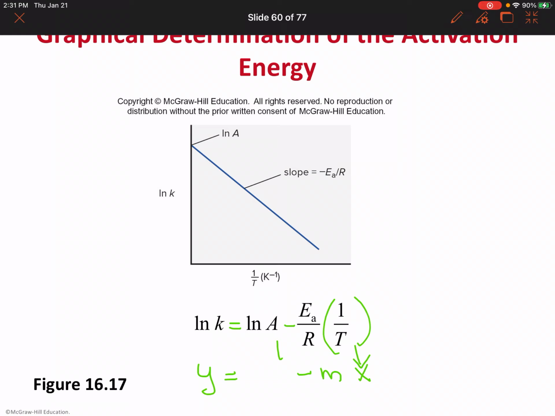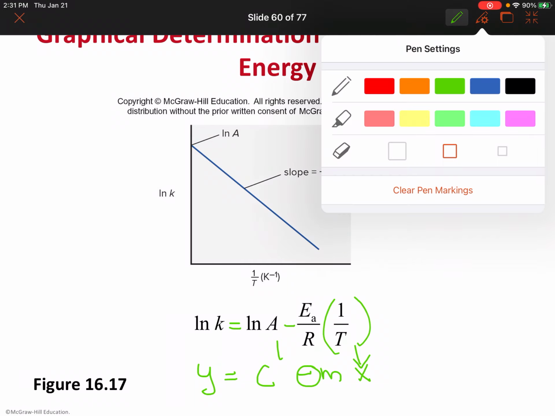Okay. This is c, with a negative slope, y equals mx plus c. But this came out in negative form, it's okay.